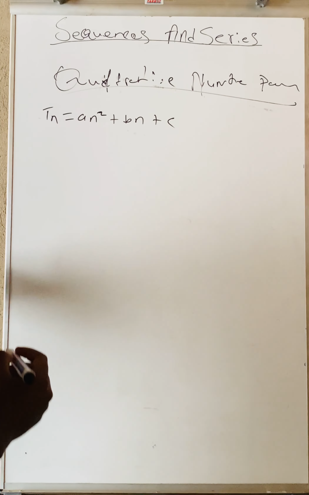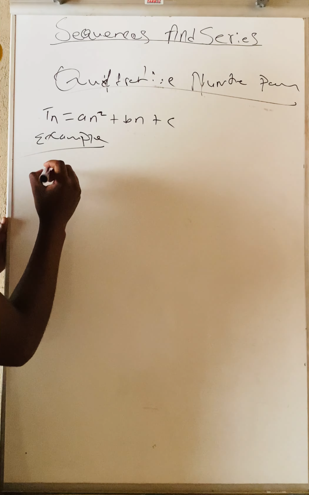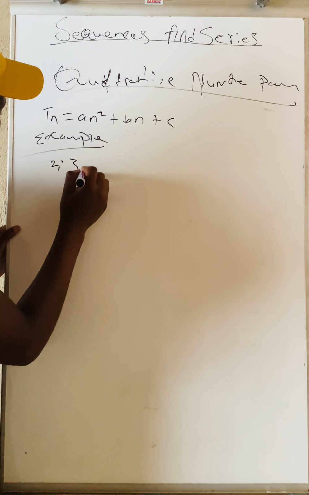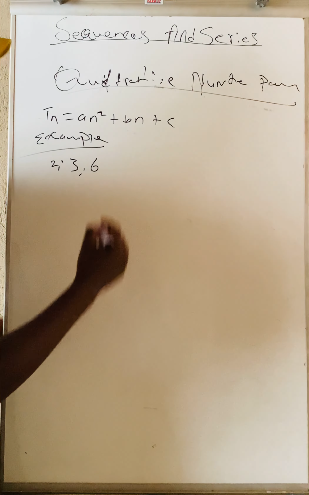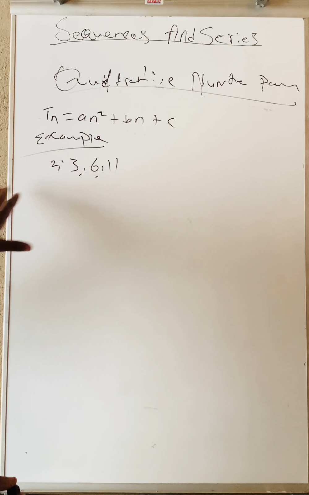Let's take an example. Let's say we have 2, 3, 6, 11. This is your sequence.